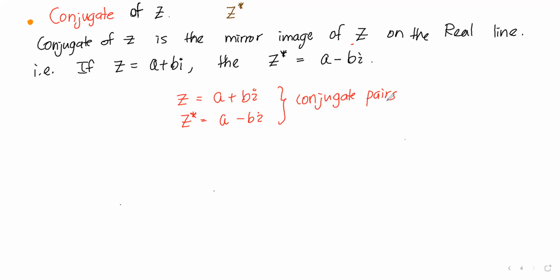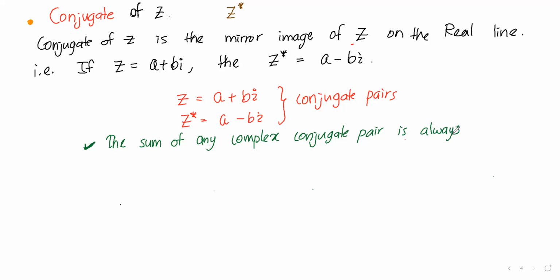What's nice about these pairs is that, I will put a little tick, it's another bullet point: the sum of any complex conjugate pair is always a pure real number.